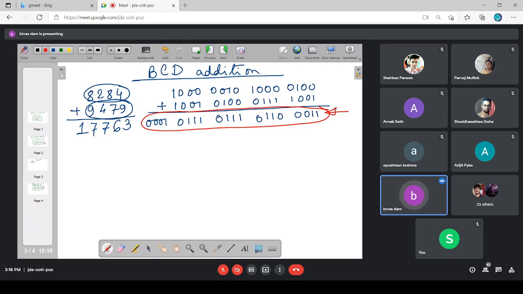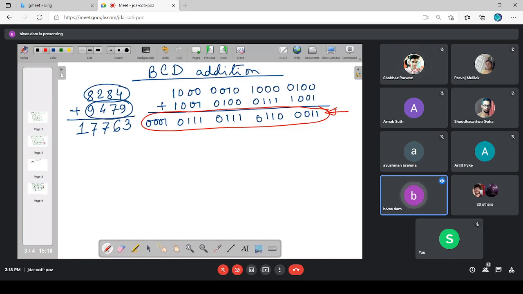Now, during the addition process, if any carry gets generated from one nibble to the next higher nibble, what do you mean by nibble? 4 bits taken at a time is called a nibble. Each BCD digit is nothing but one nibble, isn't it? Yes, sir.